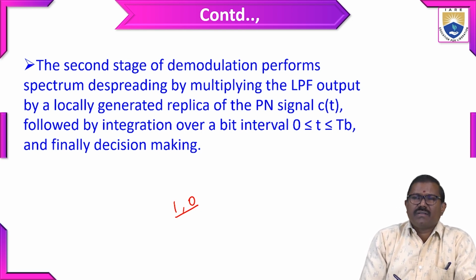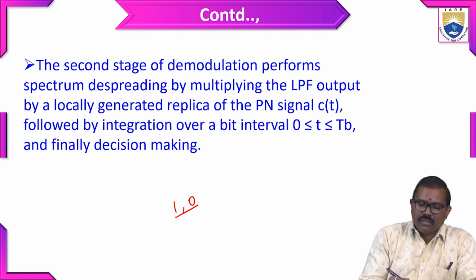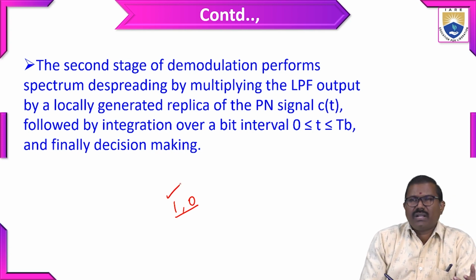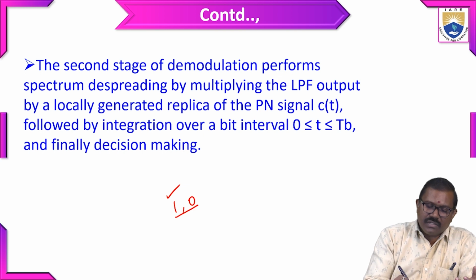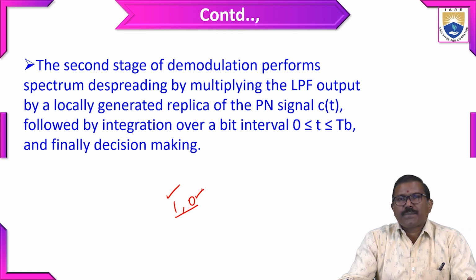Decision making uses a threshold, which we already discussed. The signal is compared with the threshold level, which is generally taken as 0. If it exceeds the threshold, we decide in favor of symbol 1. If not, we decide in favor of symbol 0.